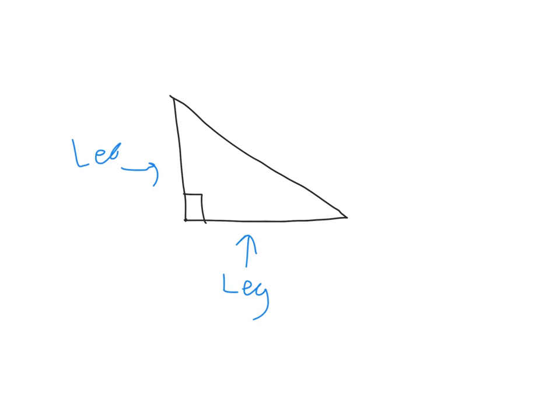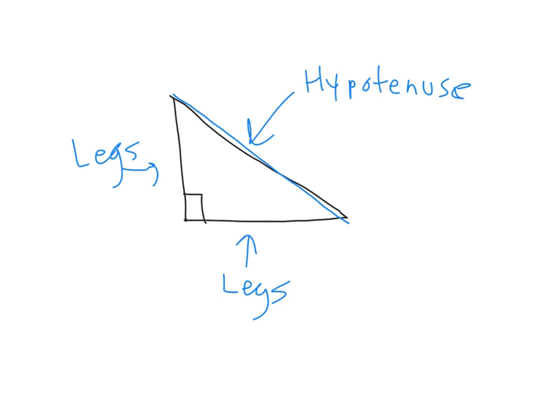Now your legs are not always the same size as each other, but they are never shorter than this side here, which is called the hypotenuse. The hypotenuse is always your longest side, and that reaches from one leg down to the other. That'll always be longer.